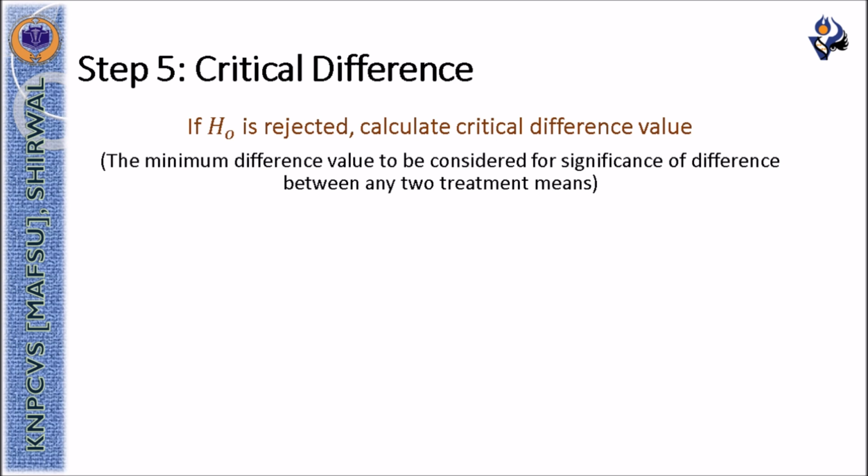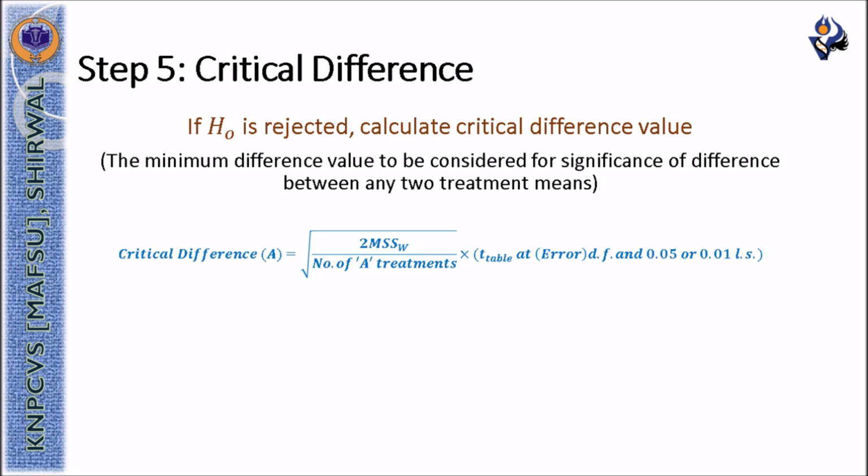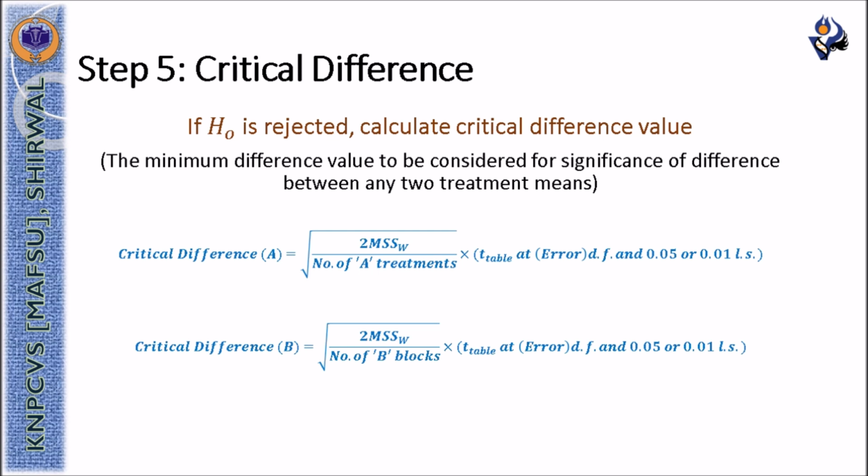If the null hypothesis gets rejected, we need to calculate the critical difference value. Critical difference value is the minimum difference value which is to be considered for significance of difference between any two treatment means. The critical difference values are estimated using the given formulas for treatments and blocks independently.